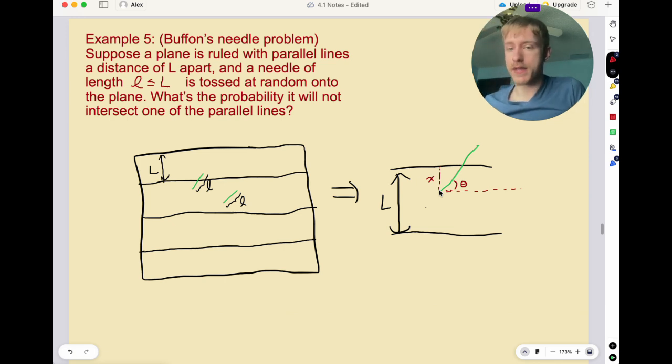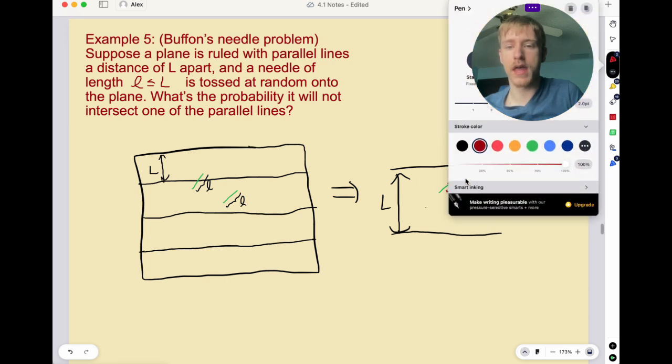So the idea is going to be what? Maybe I should put x over here. This angle right here is theta. This distance we'll call x. And we can go ahead and figure out this horizontal distance as well.